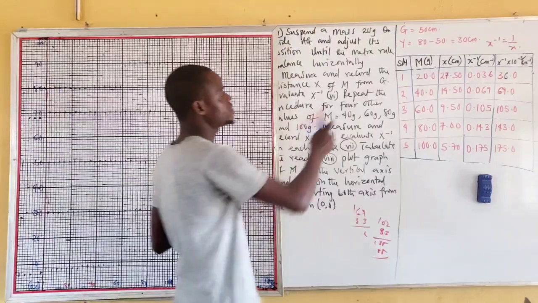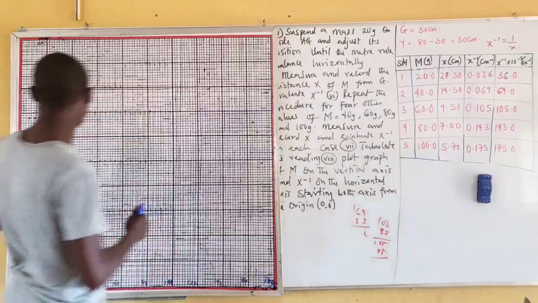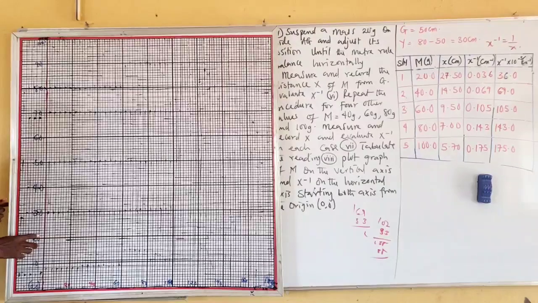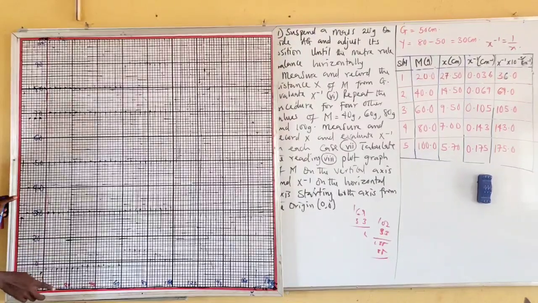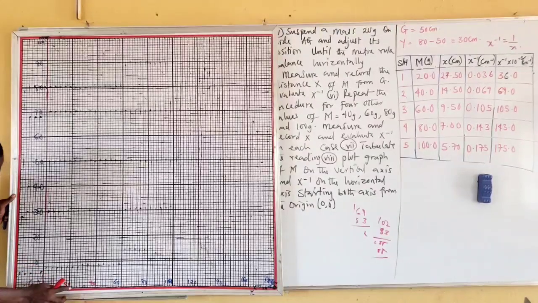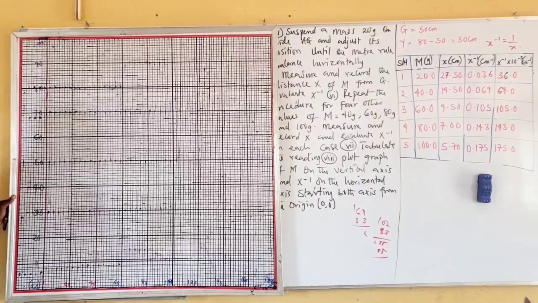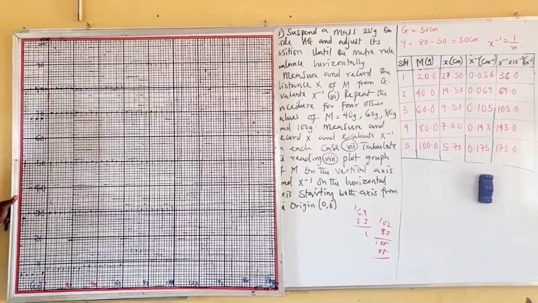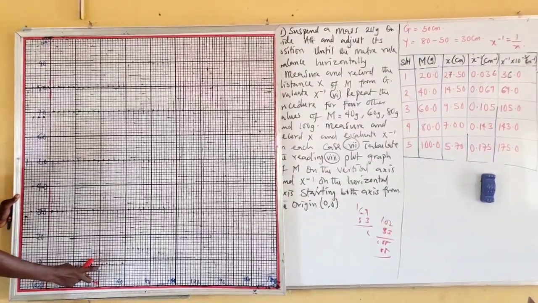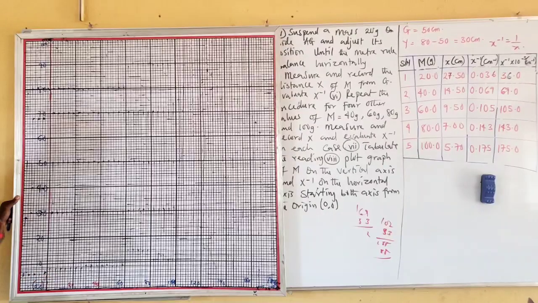Now here they said when the mass is 20 grams, the value is 36.0. How do we read this? For mass 20 grams, this is my mass 20 grams, s inverse is 36.0. How do you calculate it? Each of these small boxes represents 2 centimeter inverse. How do you know that? The length is 2 centimeter altogether, and we are making use of 20 centimeter inverse.